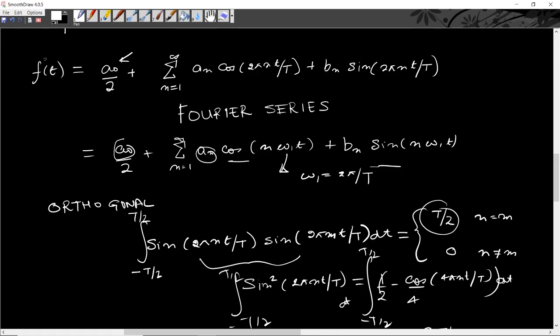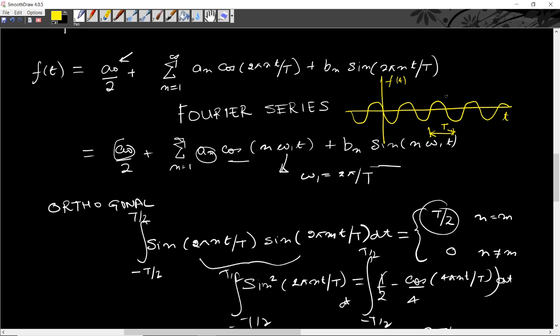One point to note is that if we try to represent a function which is in the time domain in terms of the Fourier series, then the advantage is that, let's say I have a function that is periodic with time period capital T, but this function is defined for an infinite number of points in time.